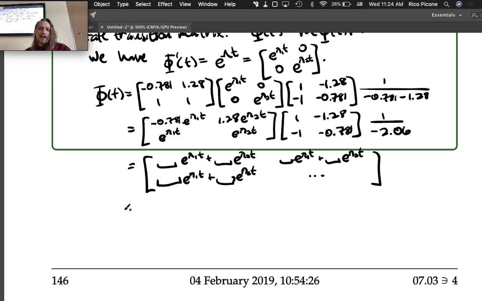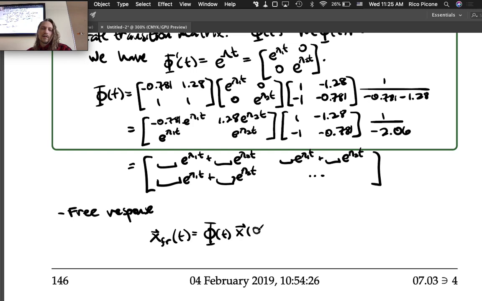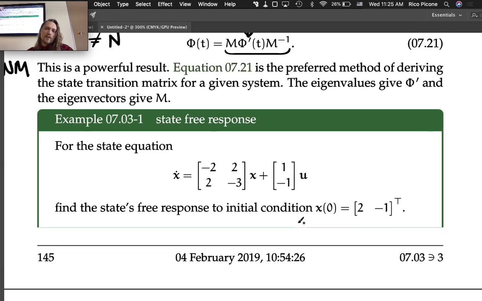Okay, so great. You've got your phi, and now you know that your free response, which is what I asked for in the problem, x sub free response of t is equal to phi of t times the initial conditions, which are given in the problem as being 2, -1.